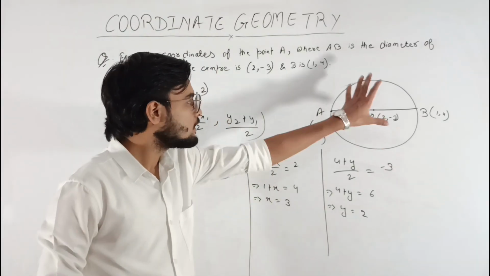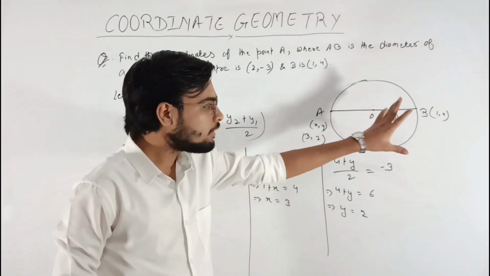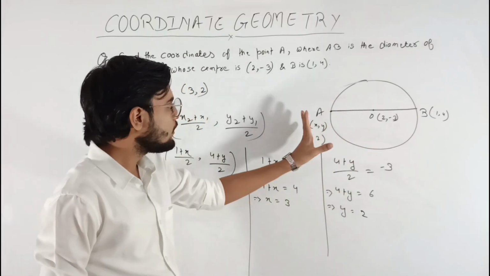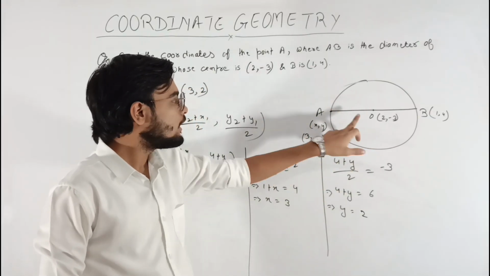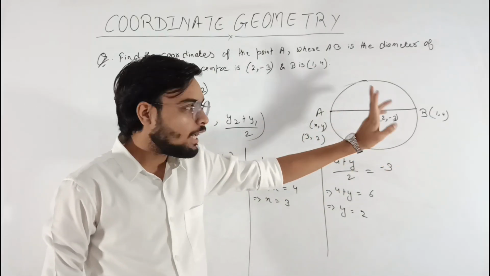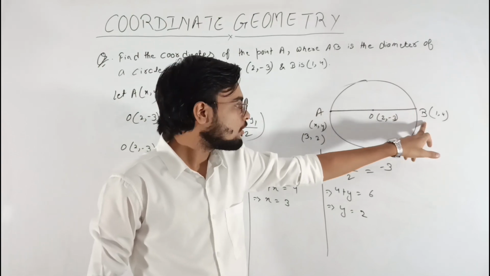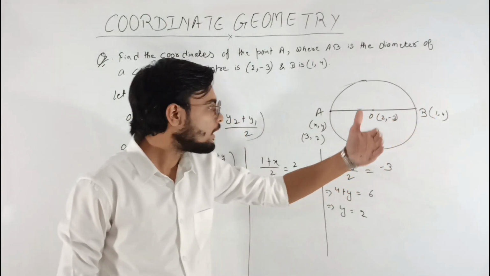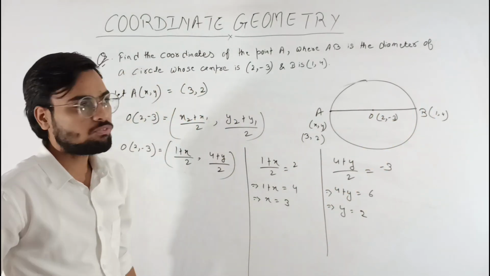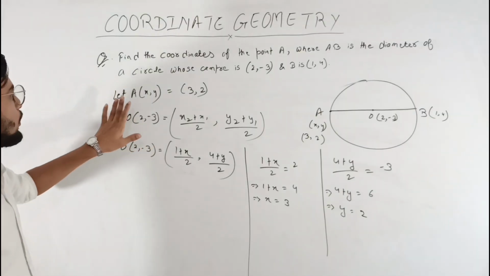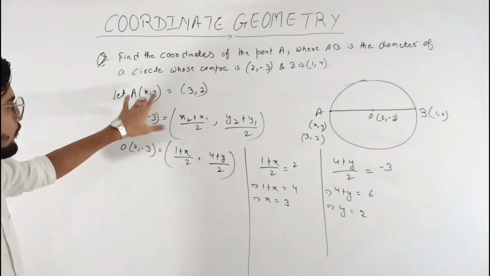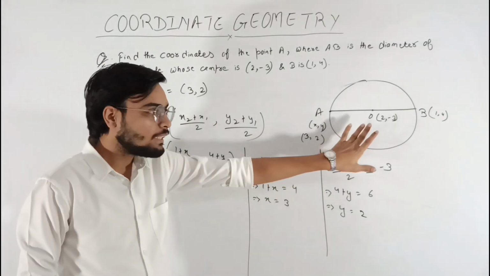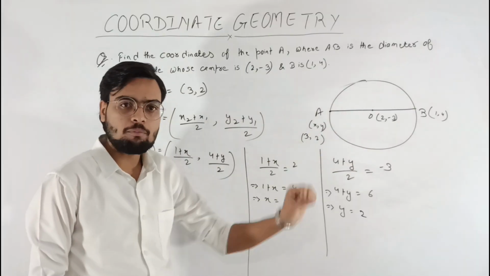The question said that there is a circle in which diameter AB is given, and in diameter AB, the coordinates of the center are given, 2, minus 3, and the coordinates of point B are given, 1 and 4. So we have to find the coordinates of point A. For this, first I assume the coordinates of point A are x and y. Then look, this is the center, and the center is the midpoint of any diameter.